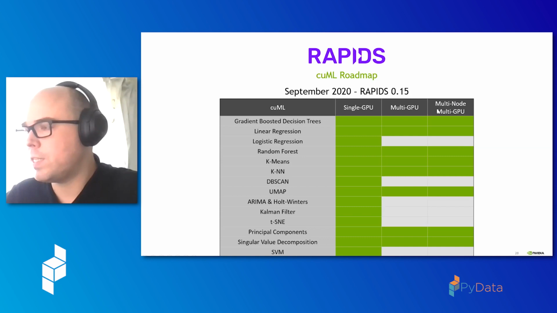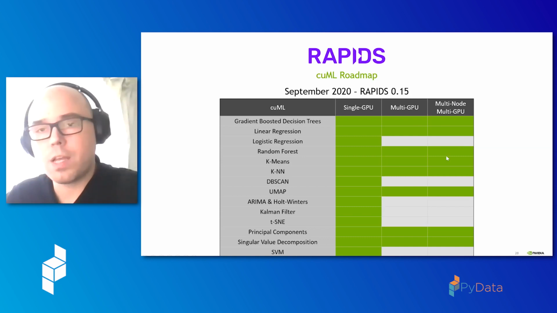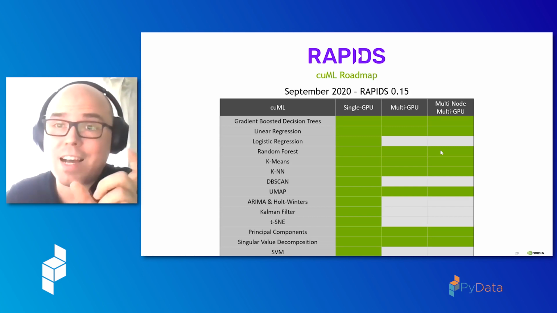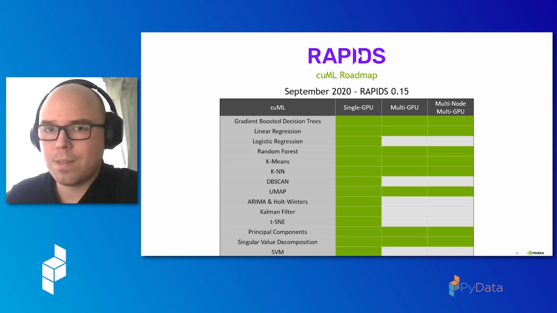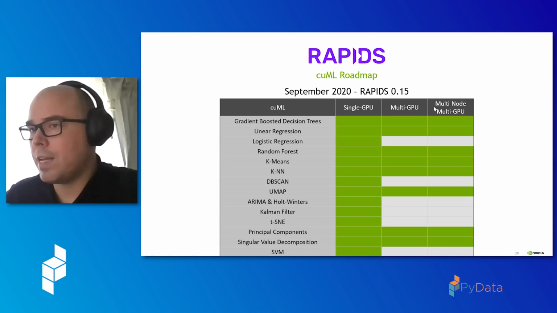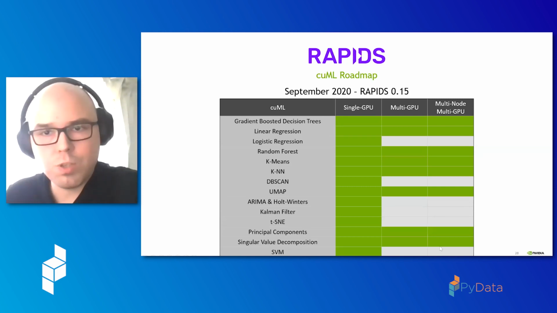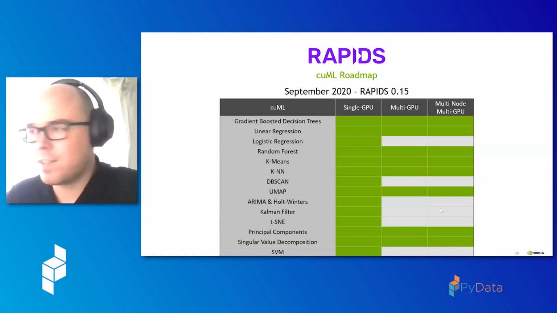And also a subset of them has multi-node and multi-GPU implementation. And that means that if you have, say, 2 servers, and obviously if they have enough network between them, then those algorithms will execute on all of the GPUs within that cluster. So if you have, say, 32 GPUs across 2 servers, those algorithms will automatically take advantage of all of them.